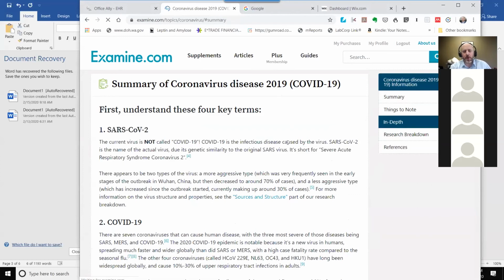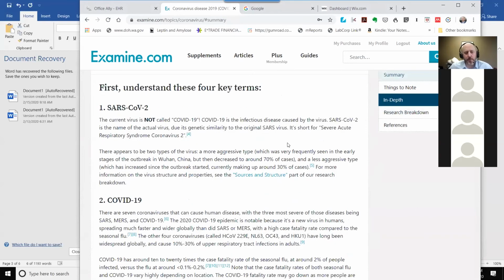Okay, just to know that when you're listening to these terms, we talked about the difference between SARS-CoV-2 and COVID-19. SARS-CoV-2 is the name of the virus, and COVID-19 is the infectious disease name for the illness caused by SARS-CoV-2.